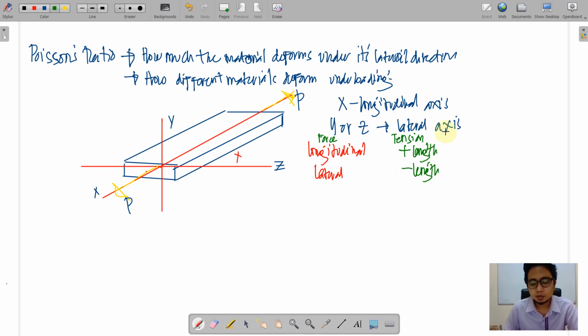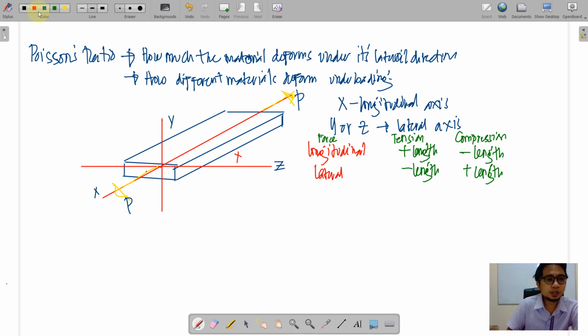Okay? However, if we have a compression type of force, of course, we are shortening the length along the longitudinal direction, and for the lateral direction, it will lengthen. Okay? So that is why that is a positive length. So we'll just have to use our common sense in determining what will be the effect of the Poisson's ratio.